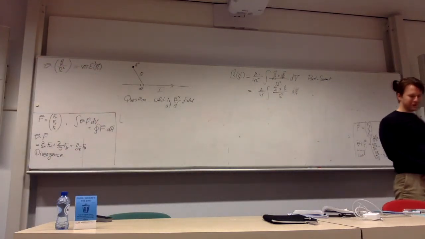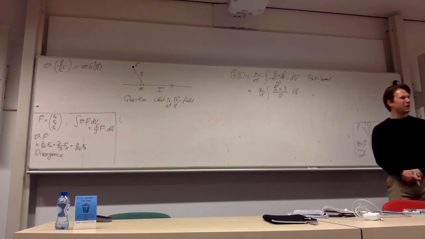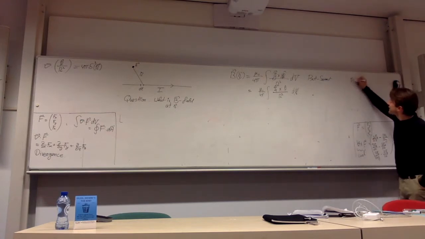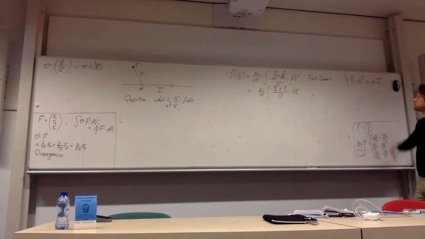In the meantime, with only a hint of suggestion, I'm going to write down one of the other equations that tells you how magnetic fields work. One of the other ones was the same equation, right?